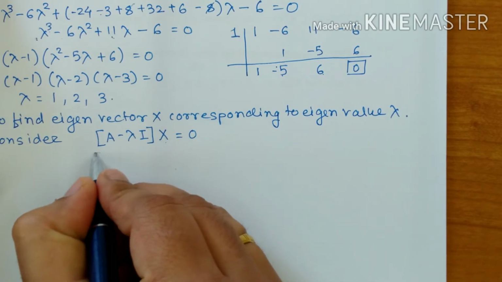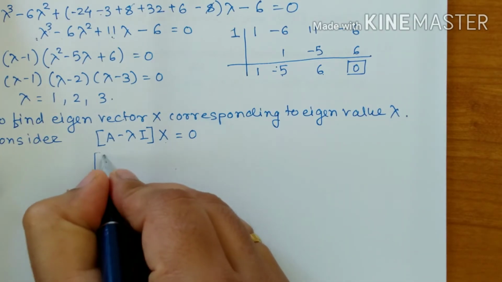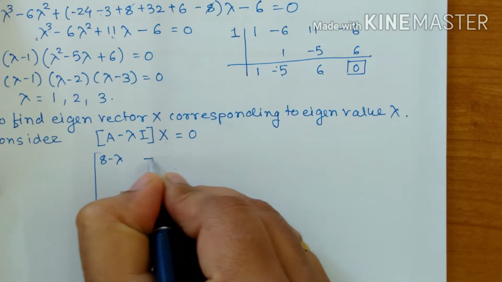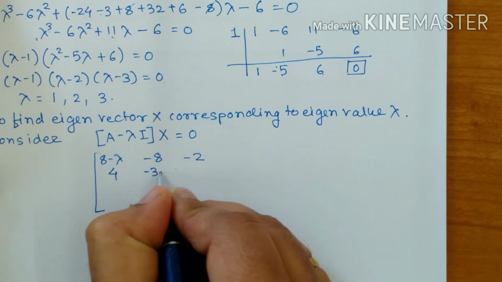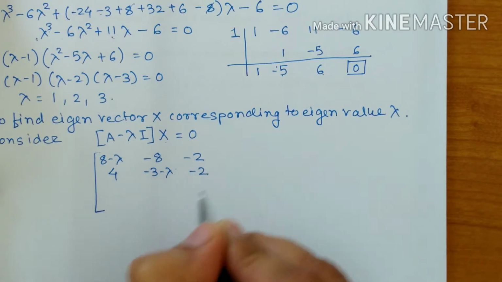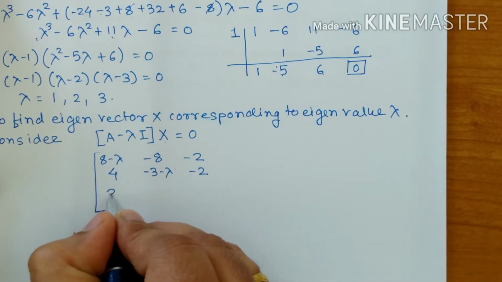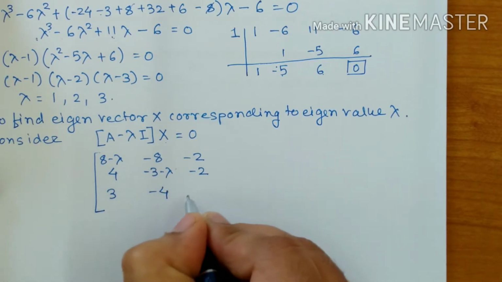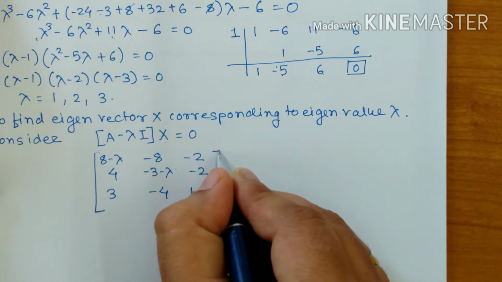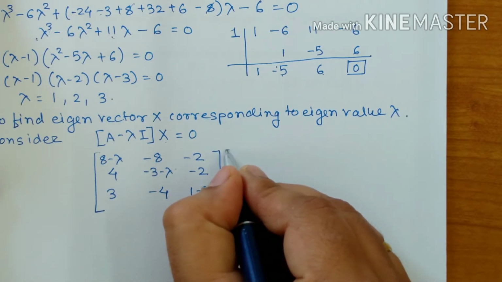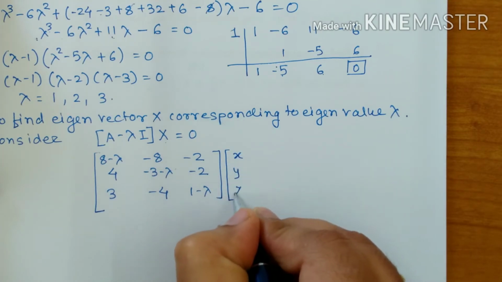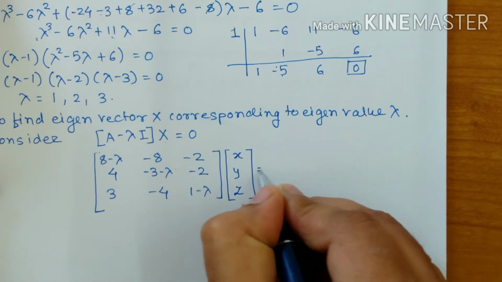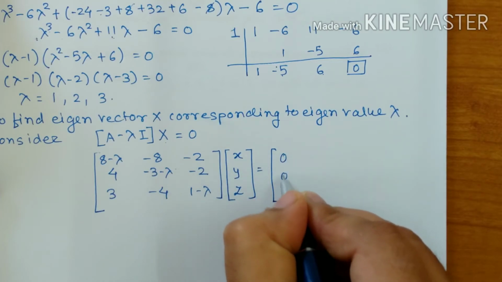Okay, so A minus lambda I will be 8 minus lambda, minus 8, minus 2, 4, minus 3 minus lambda, minus 2. Next is 3, minus 4, 1 minus lambda, into the matrix of unknowns, that is x, y and z, is equal to 0, 0, 0.